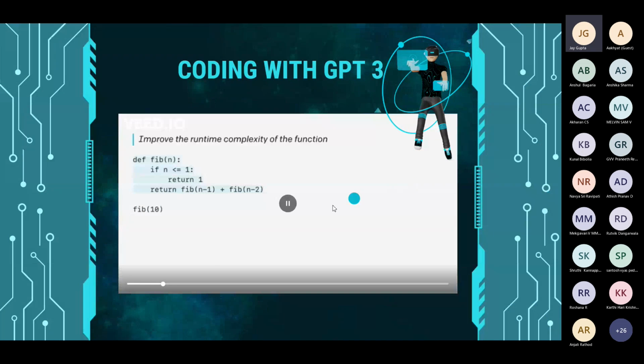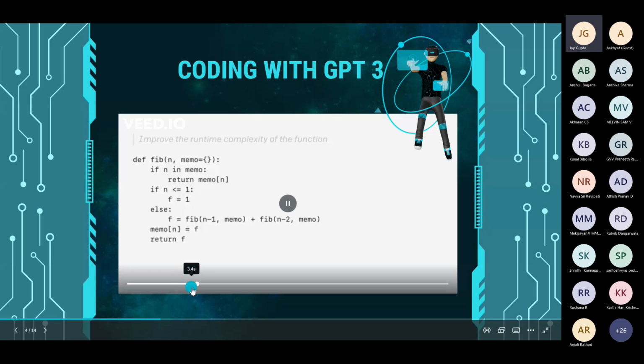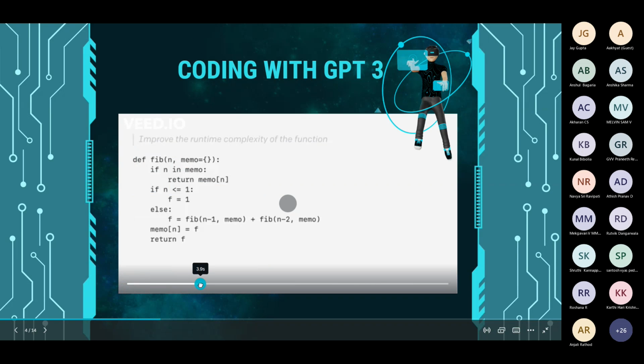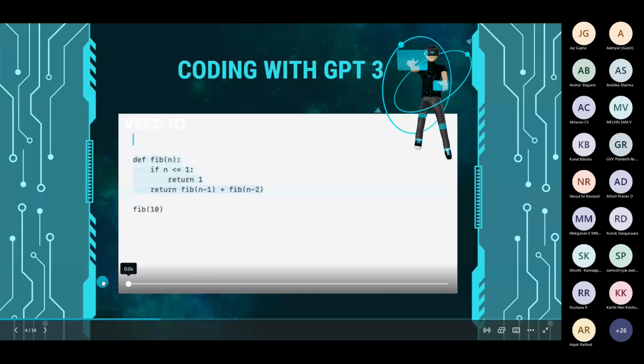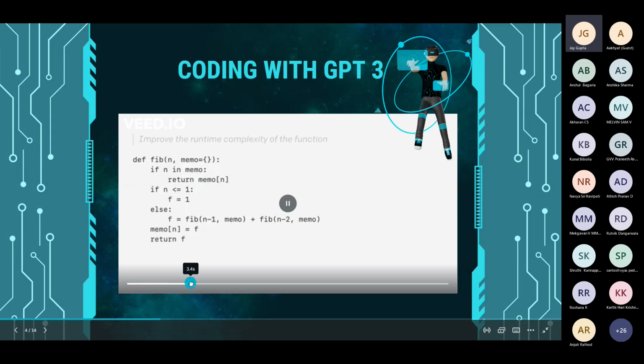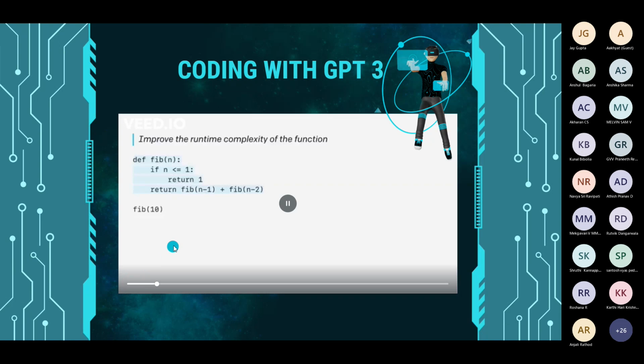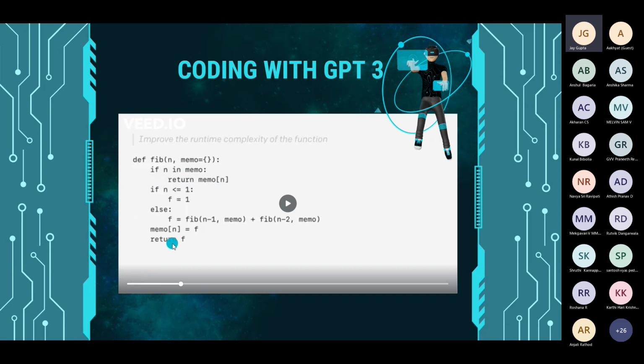There are a huge number of areas where GPT can be used. GPT can be used in coding, in writing essays without any supervision, and to convert languages to other languages, etc. There is a little clip which shows how you can do coding with GPT-3. You can improve the runtime complexity of a function.